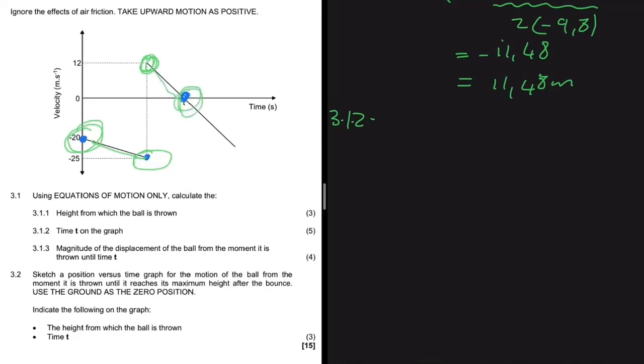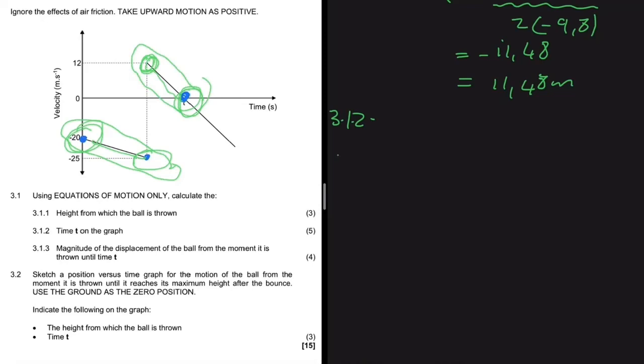So what we do here is calculate the time for this part of the motion, from the moment it is thrown downwards to the moment it hits the ground. After that, we calculate the time from the moment it leaves the ground to the maximum height it reaches, when its velocity is equal to 0.